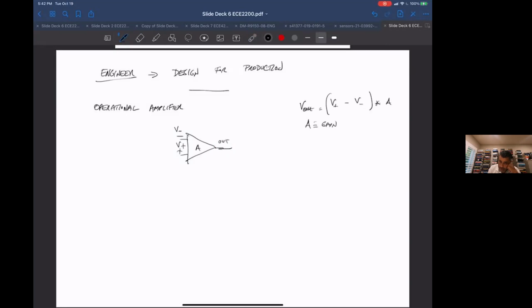And for typical op amps, this gain is going to be, I don't know, a million. Maybe 10 million. Or 500,000. Very high gain. Okay, so it takes that difference and amplifies it to the output.